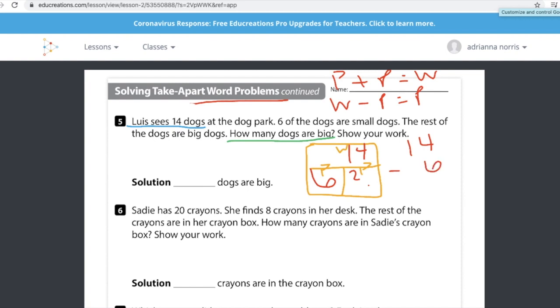minus 6. We always start in the ones place. When we subtract, the first thing we do is circle the bigger number, and the bigger number is 6. More on the floor, go next door.